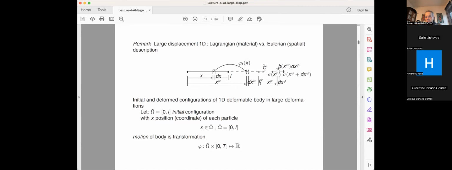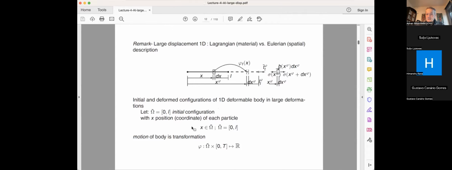And I apply the loading, b of x_phi times dx_phi, this distributed loading. And then I apply the true Cauchy stress. On one side, this is sigma_phi of x_phi plus dx_phi, and on the other side it is sigma of x_phi. And basically, then I want to set these equations.